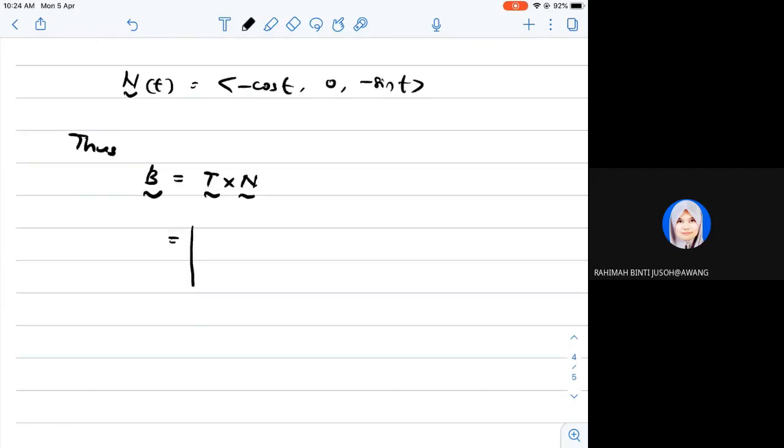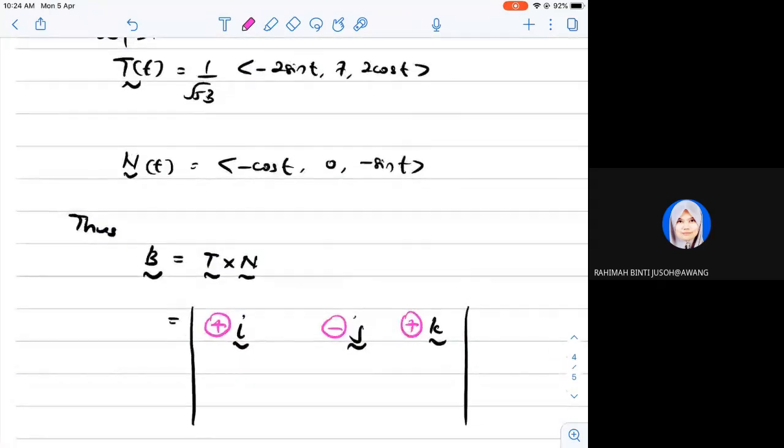So we will have cross product macam biasa. So i, j and k. Don't forget plus, minus, plus alternately. And then this first element should be the element of the unit tangent vector T. So jangan lupa guys, student ni selalu lupa kalau dia guna notation macam ni, jangan lupa darab masuk dalam ni.